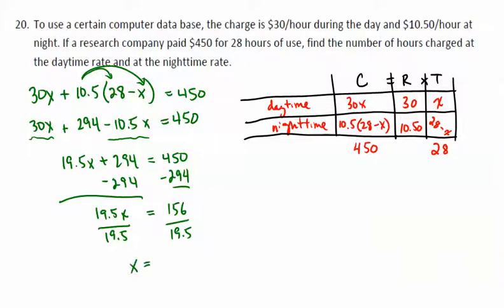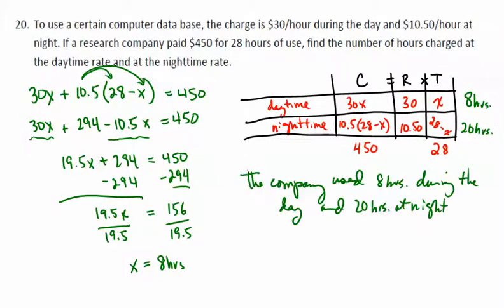So x is 8 hours here, looking at our chart, and 28 minus x would be 20 hours in the evening. 8 hours during the day and 20 hours at night.